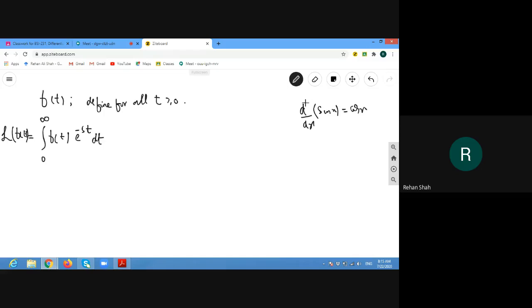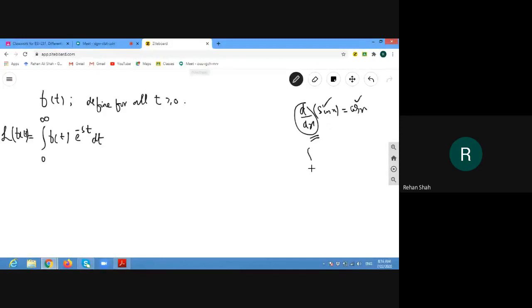So this derivative actually changes the behavior of sine to cos x. So this is called transformation. Transformation means if you apply some operator on a function and this function changes its behavior, so the process due to which a function changes its behavior is known as transformation.